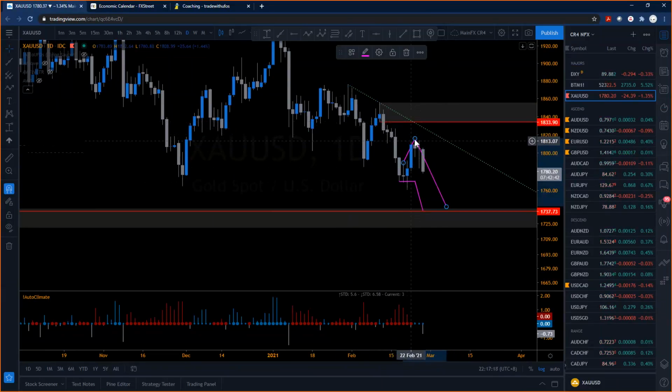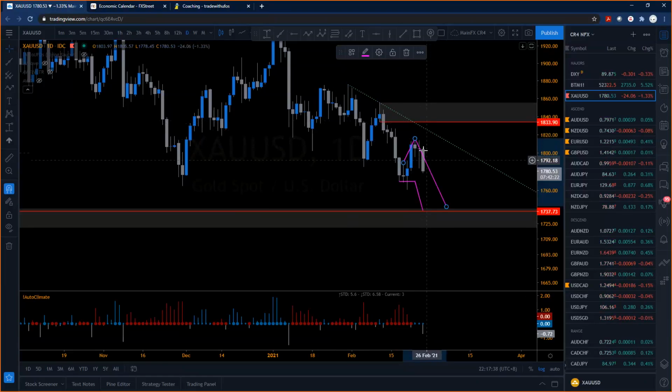We haven't seen enough buying pressure. As you can see, that downward move paused, but we didn't really get a lot of strong buying to even test back up to 1833.